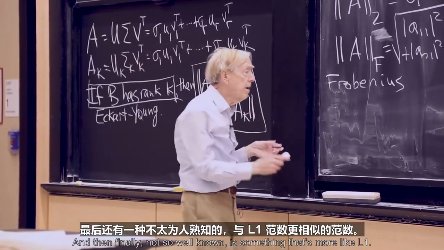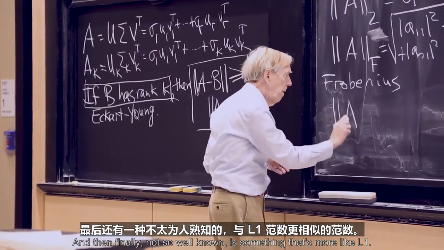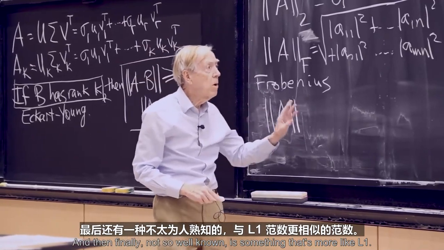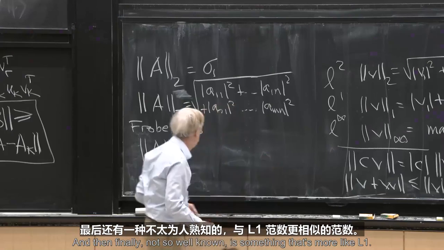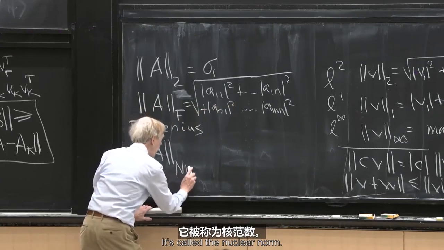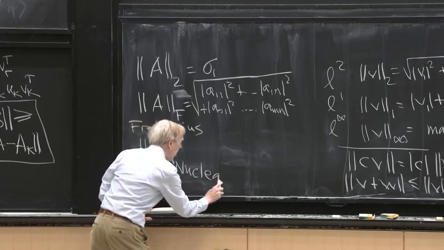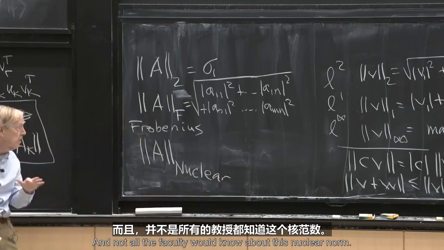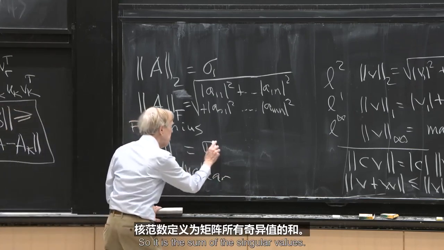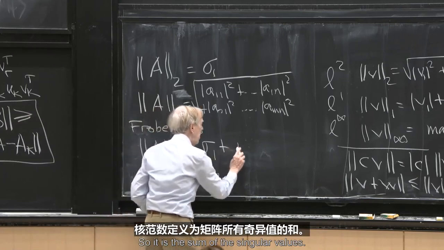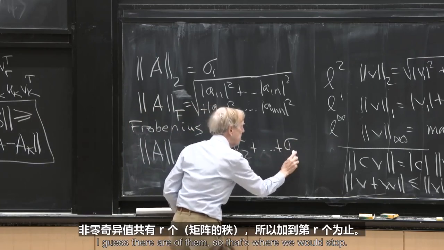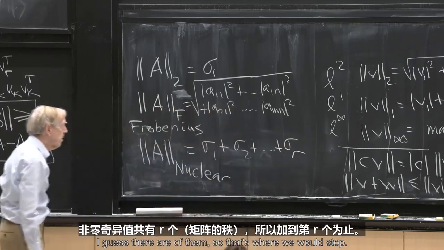And then finally, not so well known, is something that's more like L1. It's called the nuclear norm. And not all the faculty would know about this nuclear norm. It is the sum of the singular values, the sigmas. I guess there are r of them, so that's where we would stop.